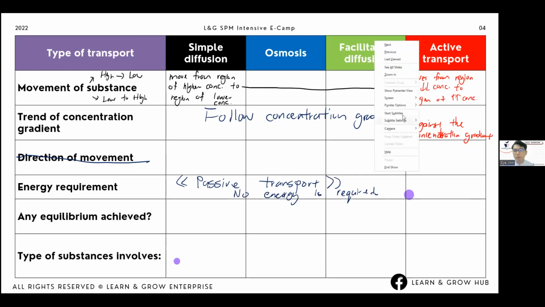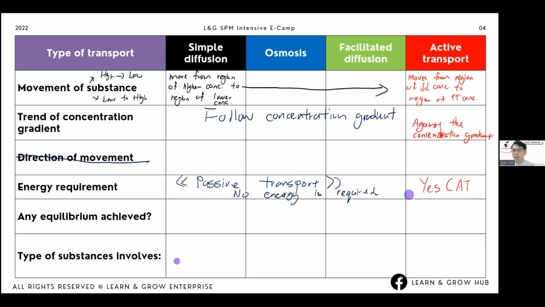But for active transport, we need energy, in the form of ATP. So if we continue, we always think active transport is so special that it doesn't really follow the others. Same for the aspect of whether any equilibrium is achieved.